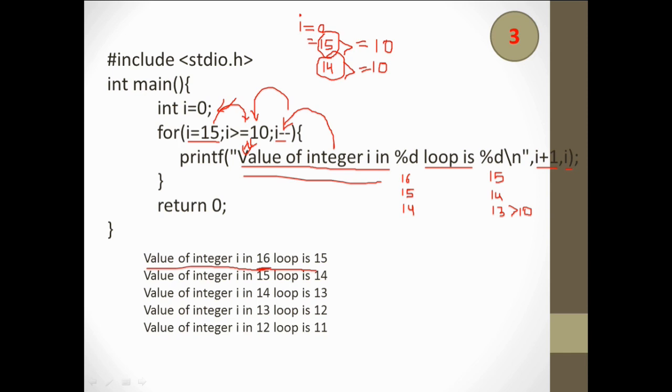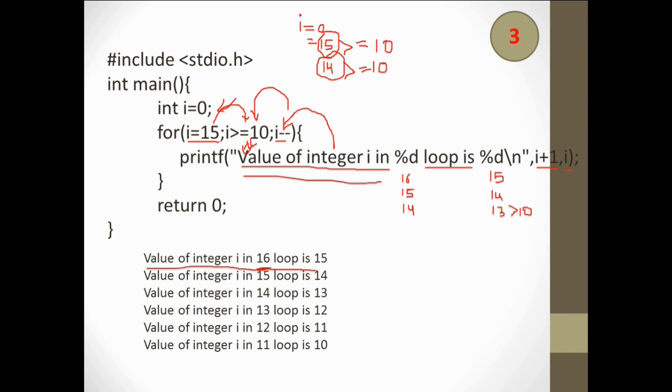Okay, after that again it will go to the decrement part and decrement the value of I by 1, and now the value of I will become 10. Okay, so here again it will check that 10 is greater than or equal to 10. Here the equal sign is there, so this condition becomes true again, and it will print this statement: value of integer I in 11 loop is 10.